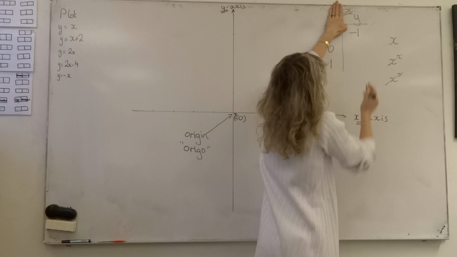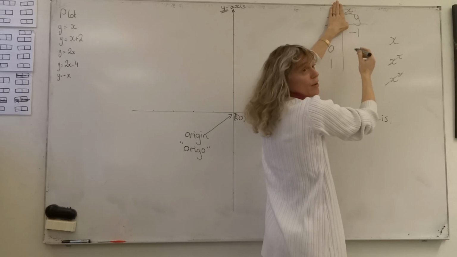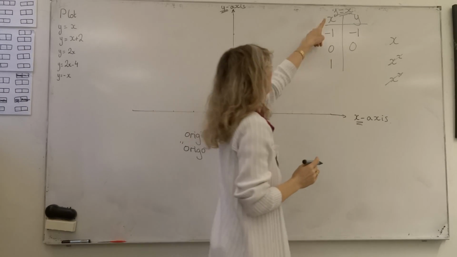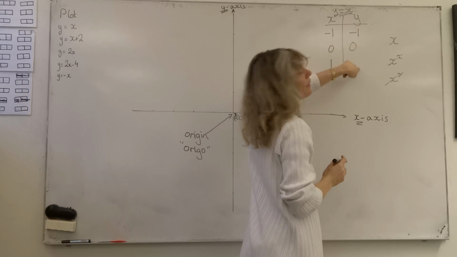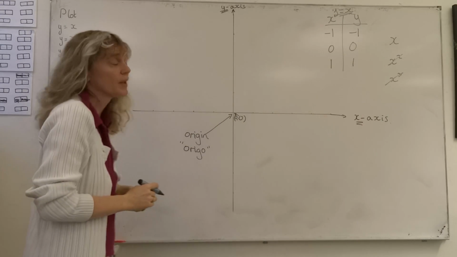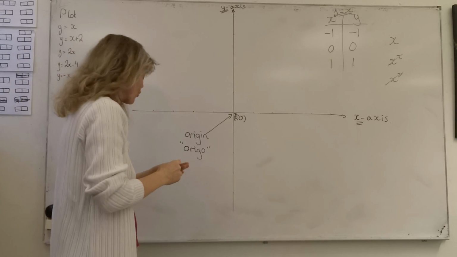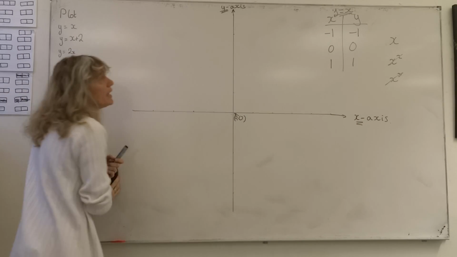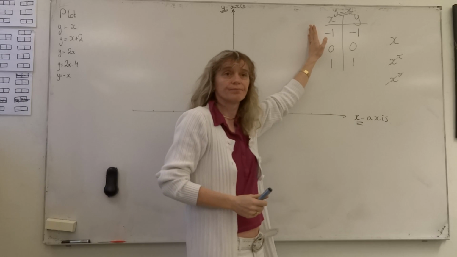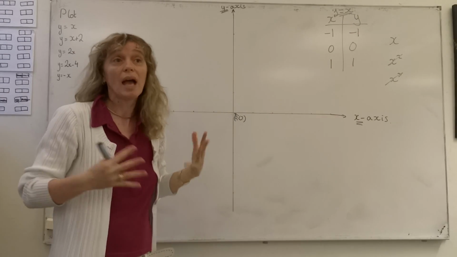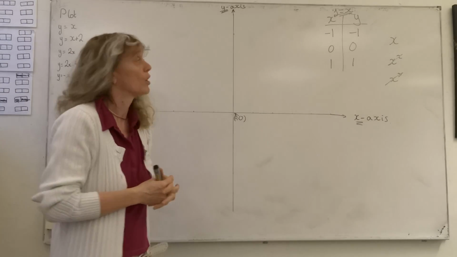When x equals 0, what would y equal? It would equal the same, 0. If x equals 1, then y is going to equal the same, of course. In order to plot a straight line equation, you only need 3 coordinates. And then that's all you have to have. 3 coordinates to plot a straight line.